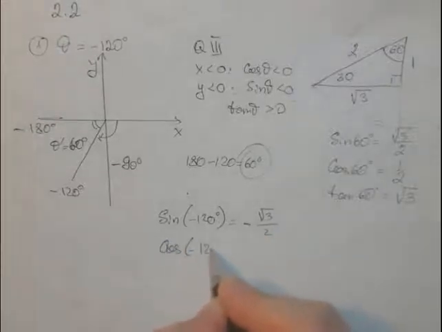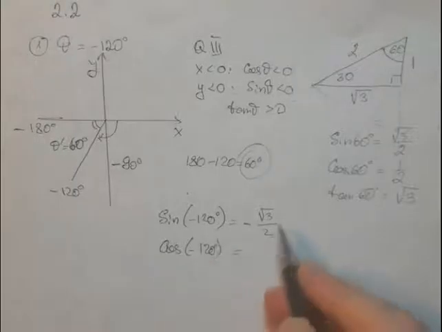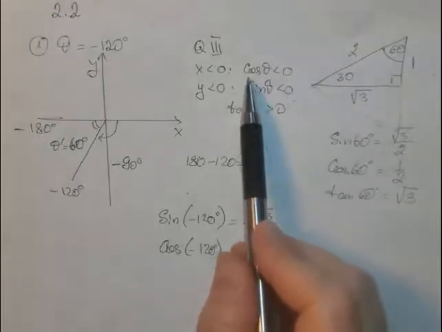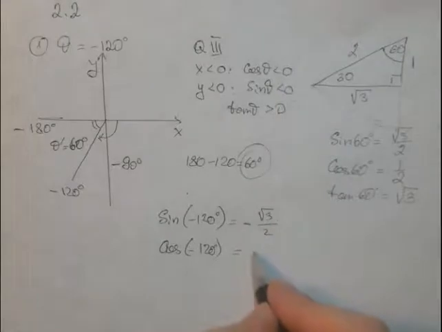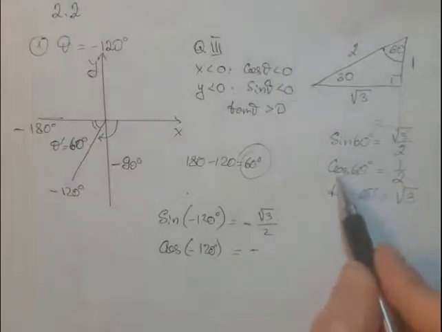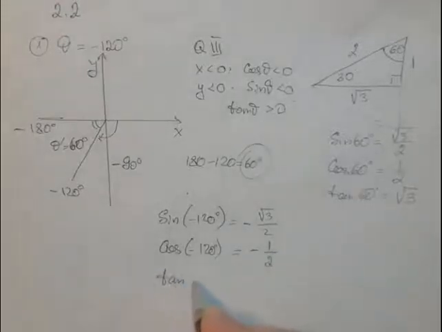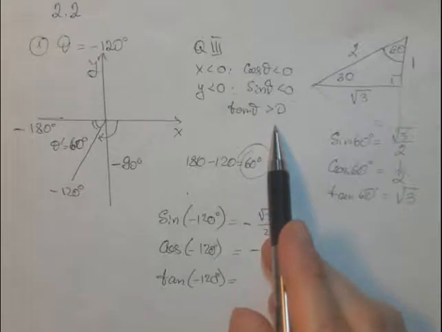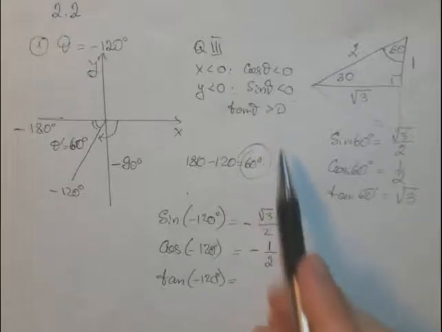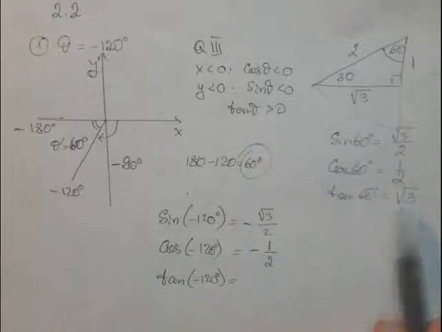Cosine of negative 120 will be negative and equal to cosine of 60 by absolute value, negative 1/2. Tangent of negative 120 must be positive in the third quadrant and equal to square root of 3.